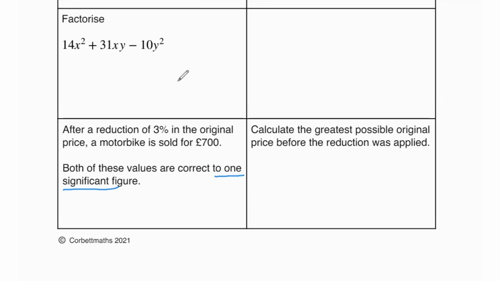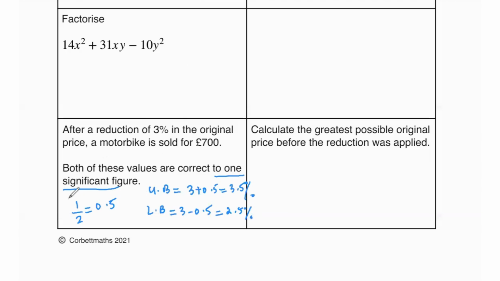So we will do for the percentage 1 divided by 2, which is going to be 0.5. So for the upper bound for the percentage, that's going to be 3 plus 0.5, which is 3.5%. And for the lower bound for the percentage, we'll do 3 minus 0.5, which is 2.5%.